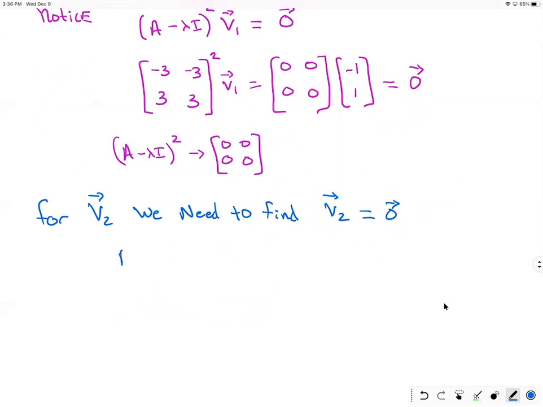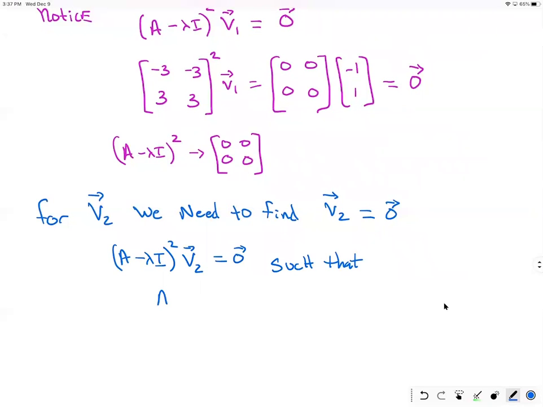So let me do it like this: (A minus lambda I) squared times V2 is equal to 0, such that (A minus lambda I) times V2 equals V1.